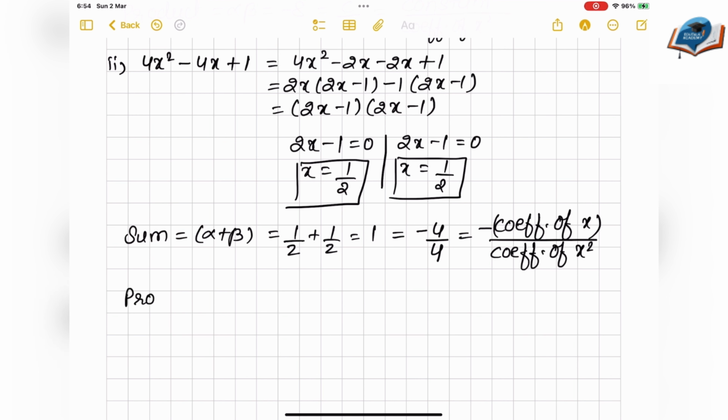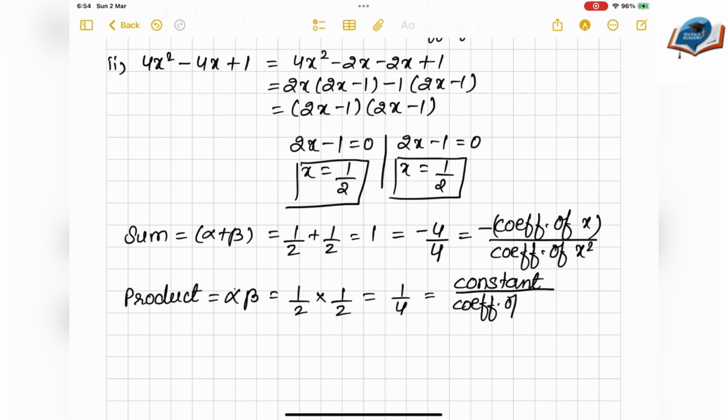Then product will be alpha beta, that is half into half, so that will be 1 by 4, that is equal to constant upon coefficient of x square.